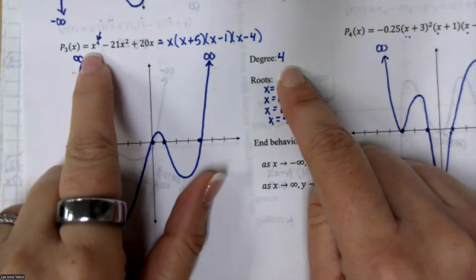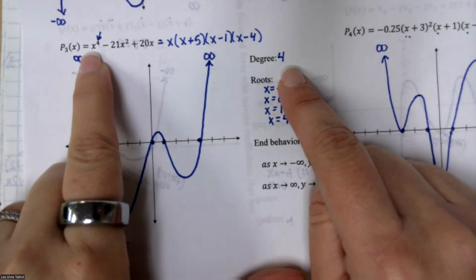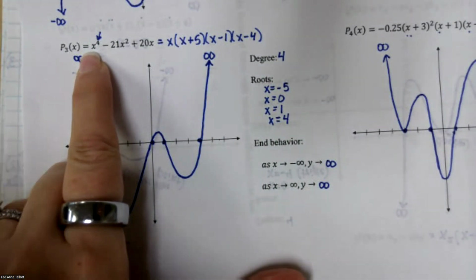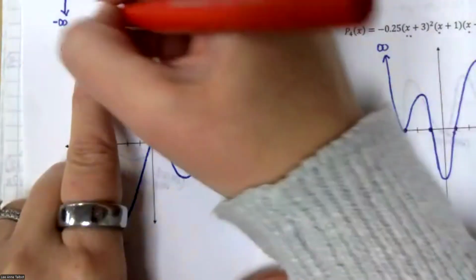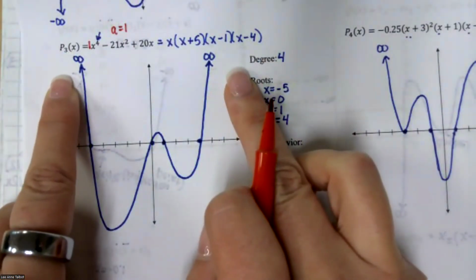What's the a value for this graph? What is it if nothing is there? 1, right. So if there's nothing here, there's a 1 right there that we didn't write. So a is 1, and it's positive 1, which means both arrows are going up.